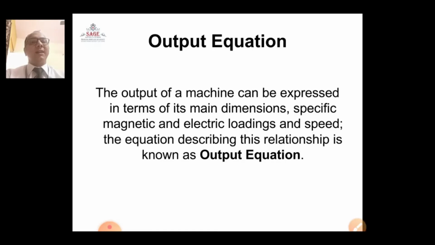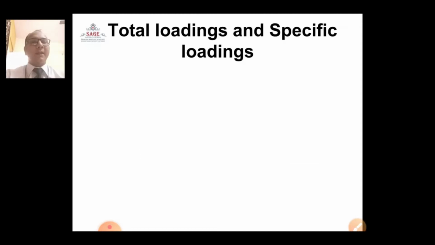Since we have already taken up this topic in DC machine, let us revise these four important definitions once again. What is total magnetic loading? Total magnetic loading is the total flux around the armature or stator periphery at the air gap.